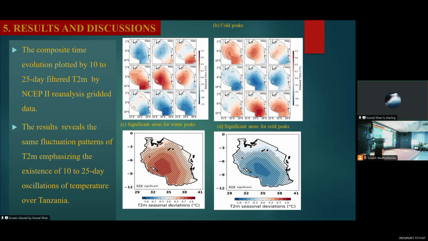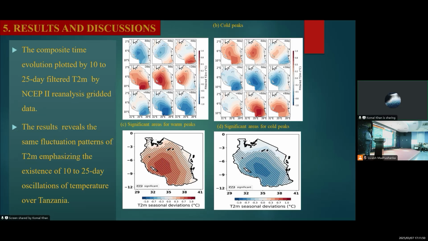Then we try to see, is this variability significant? We took only the peak phases, and we see first the warm peak. When we tested the significance in the warm peak, we found that it is significant over all of the region over Tanzania.